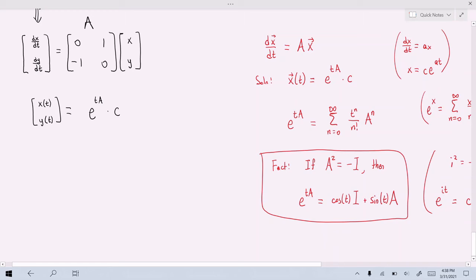So therefore, I can use the fact that e to the tA would equal cosine of t times the identity, plus sine of t times A. I'll multiply the cosine and sine into the matrices.